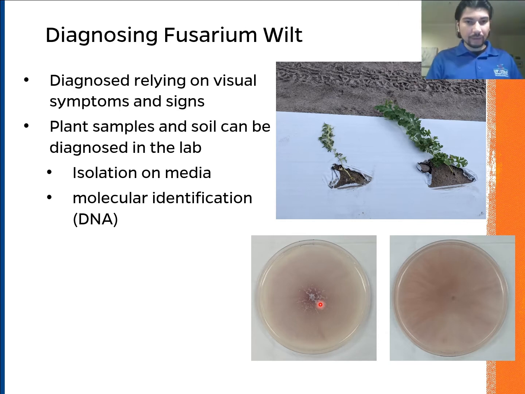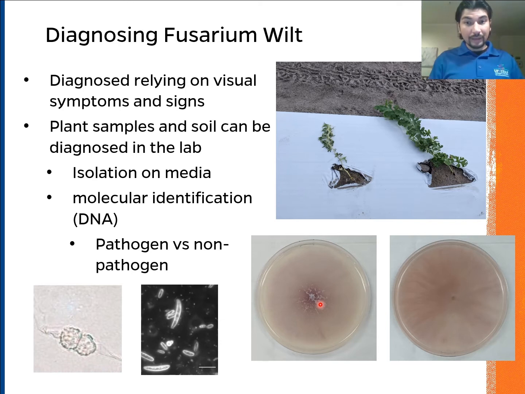However, molecular identification using DNA has become more useful to us because we can distinguish pathogen versus non-pathogen. There's actually Fusarium oxysporum out there that exists in the soil that aren't pathogens, but identifying the DNA, which the pathogens have that the non-pathogens don't, allows us to determine if the sample is a pathogen or not.